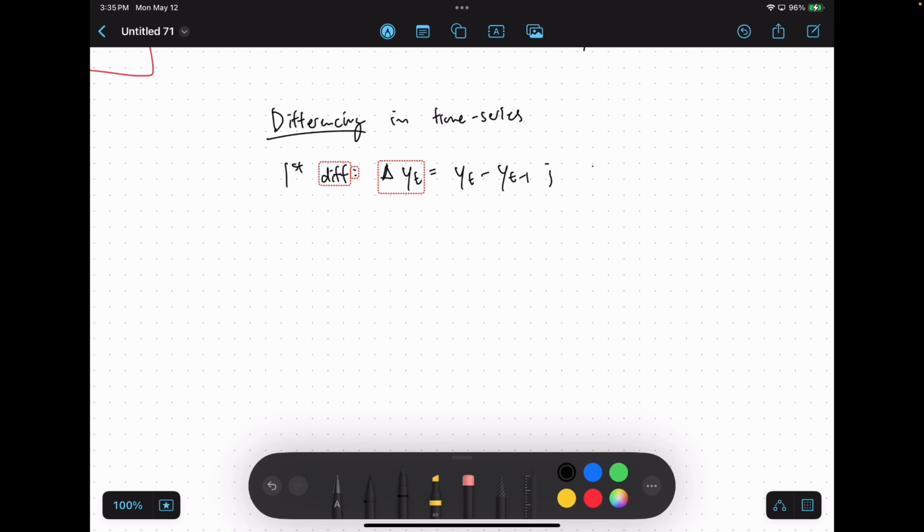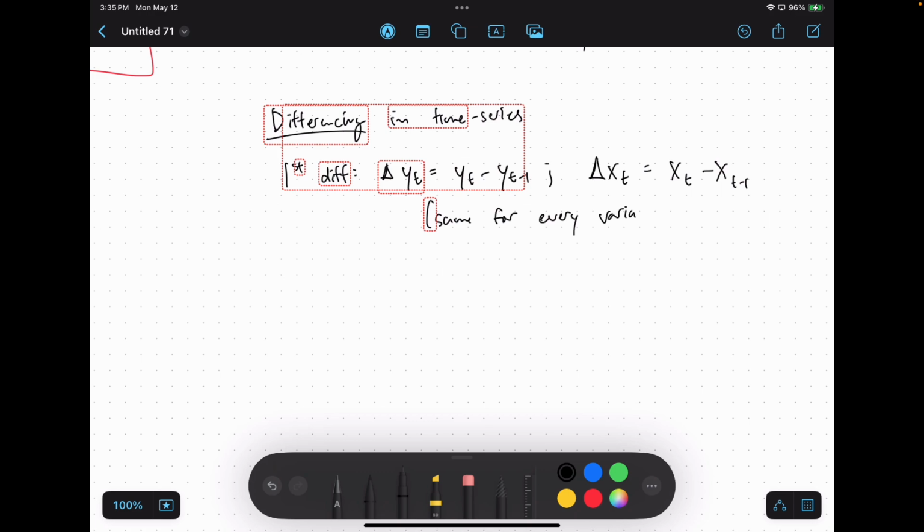You can do the same thing with the x: delta xt is equal to xt minus xt minus 1. You would do the same for every variable.